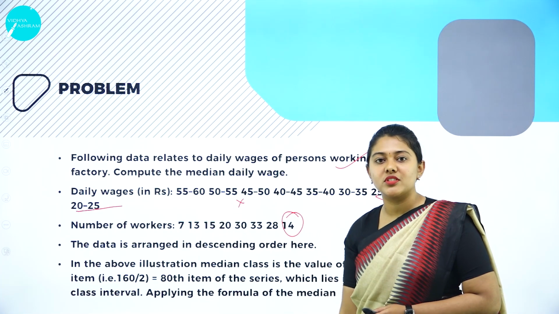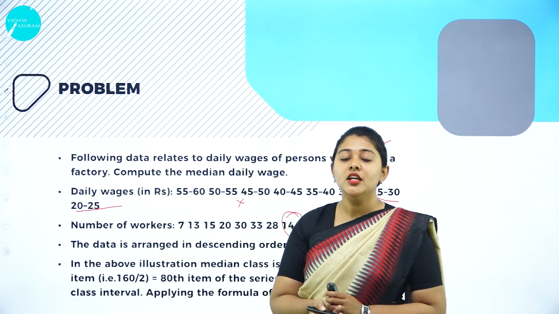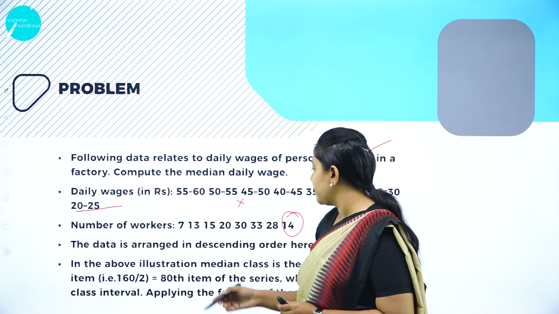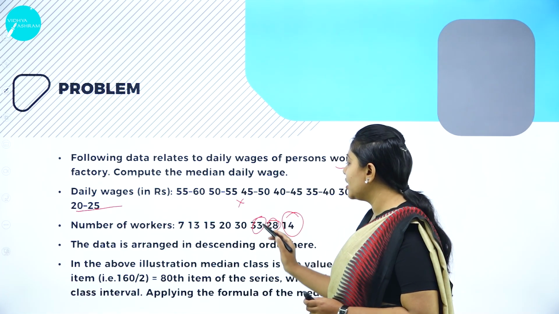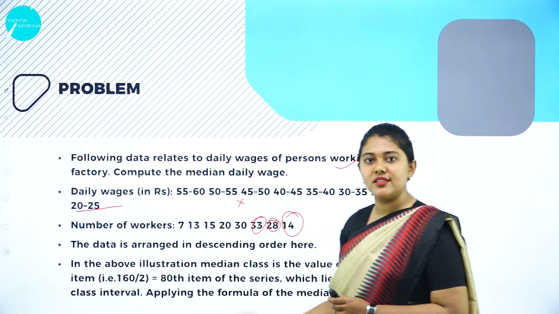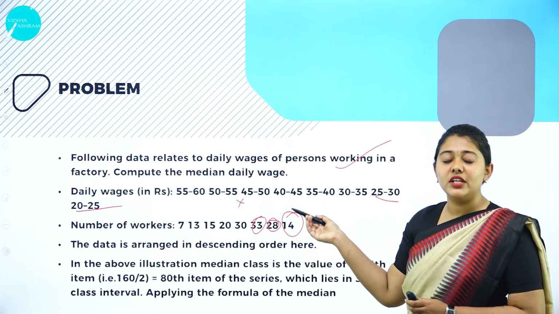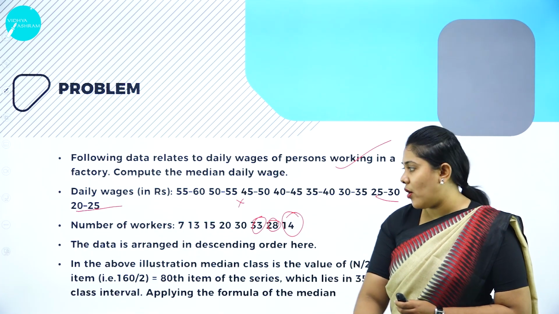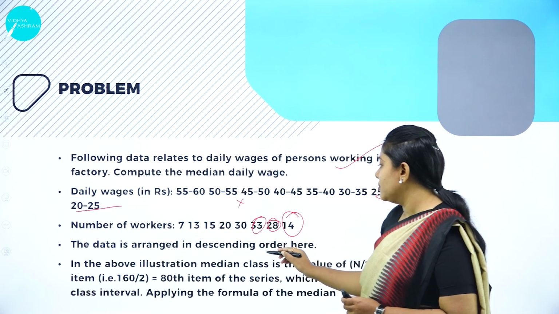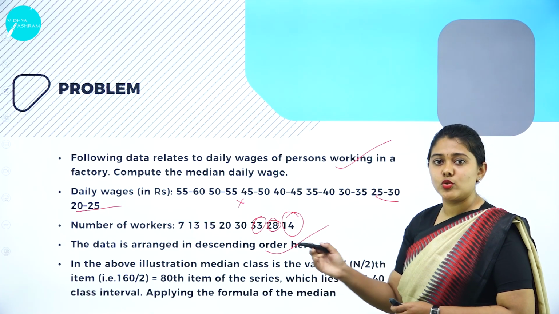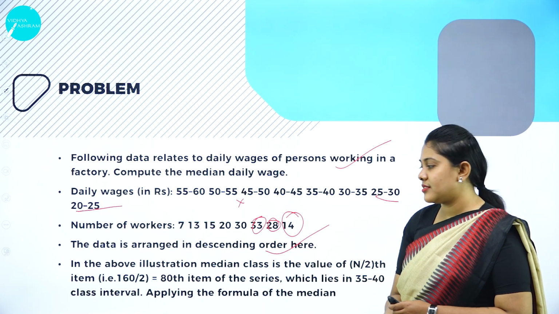That also we have to write in the opposite order. So arranging the numbers in ascending order: 28, 33, like that, oppositely we have to take, since the given data is not put into order. The data is arranged in descending order here, so we have to arrange it into ascending order.